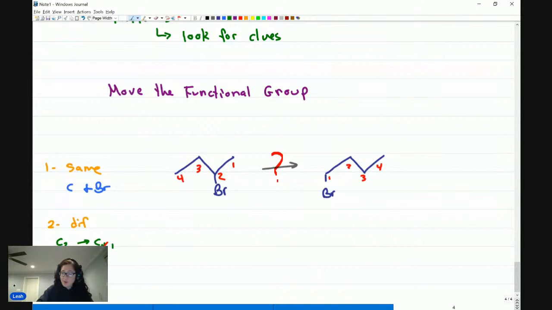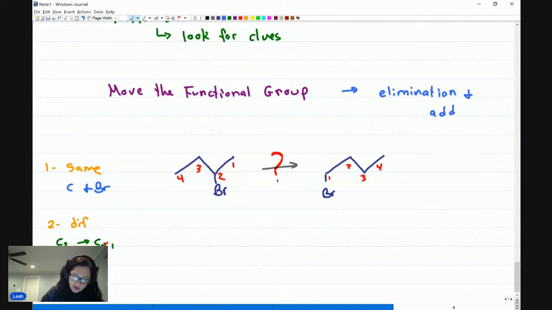What reaction do you know that will move any group 1 position? And the answer is, I have no idea. I don't know how to move a functional group with 1 reaction, but I do know the pattern. To move a functional group, you're going to do a series of addition and elimination, or rather eliminations and additions, depending on which one you're presented with.